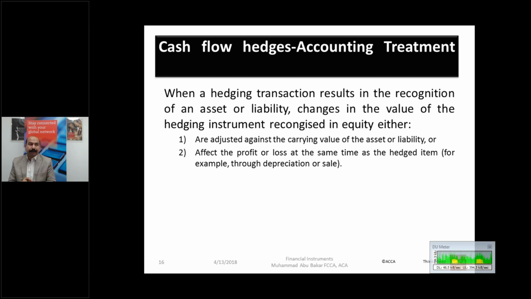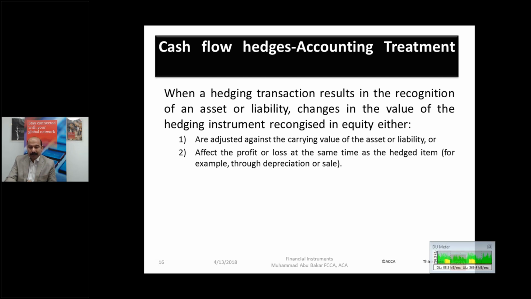So this is basically the accounting treatment of cash flow hedge. This accounting treatment can be explained with the help of an illustration. But before going for the illustration, we can have a small pop-up question.